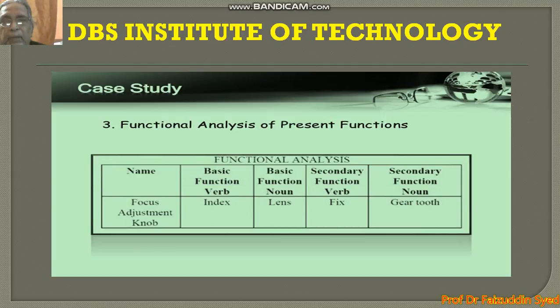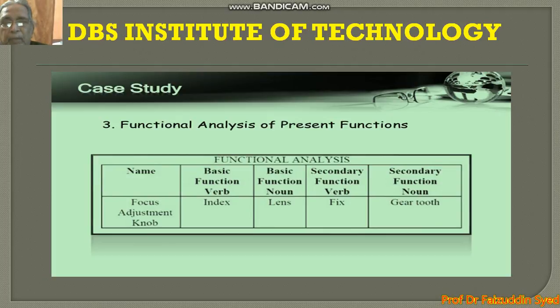Now you can see the functional analysis of the present functions. In this table of functional analysis, you can see on the top row the basic function, which is a verb. Then another basic function is a noun.